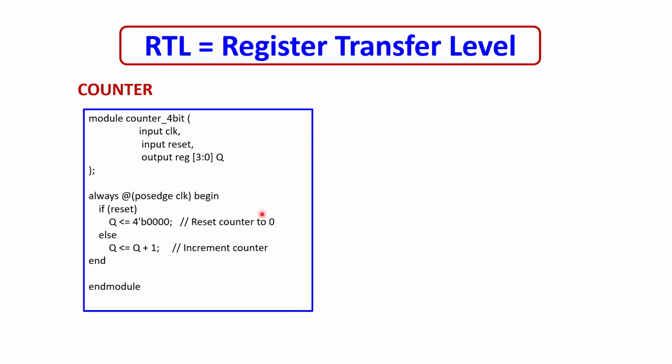So in the Testbench, we will tell when the clock rises and at what time difference it rises, then when we give reset equal to 1 and after what time difference we set it to 0, and then how many counter increments we will do and how long we will perform the counter operation. All these we will give in the Testbench.